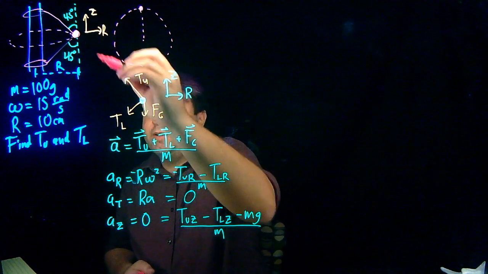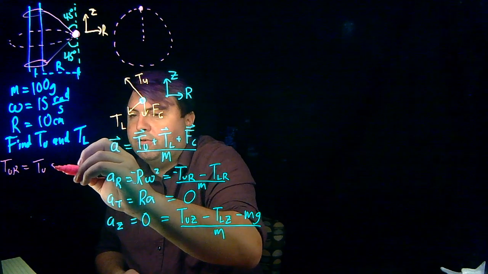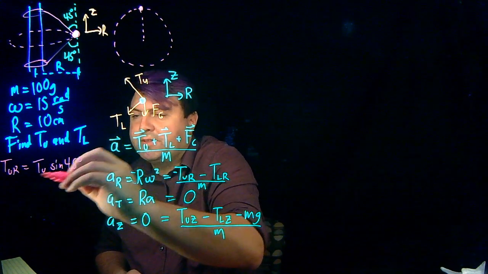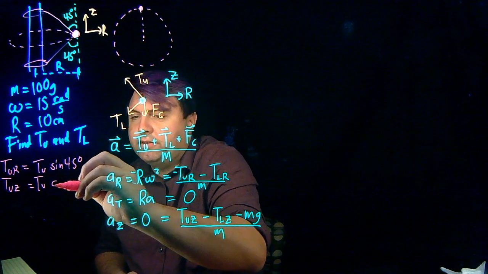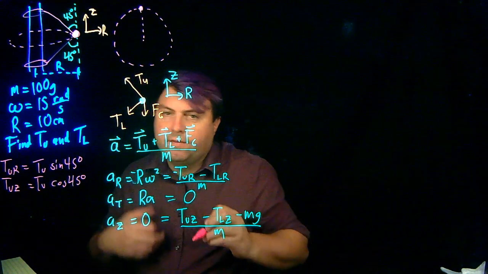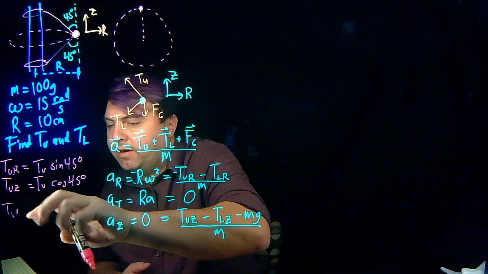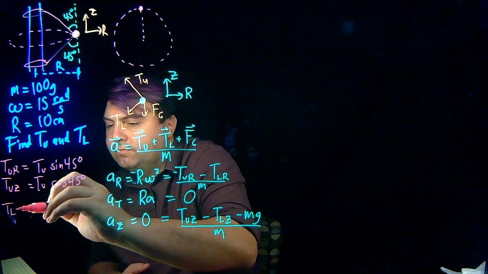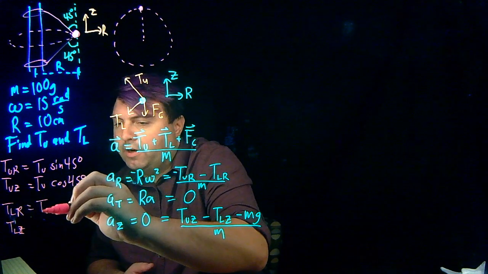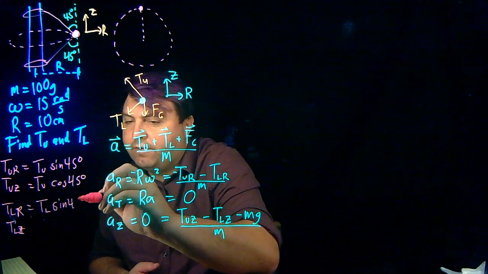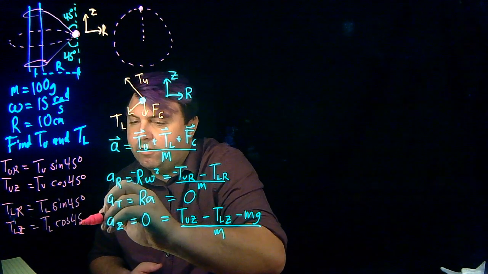So we've chosen some easy examples in this case. When we do a little bit of math, we get that TUR is equal to TU times sine of 45 degrees. TUZ is TU cosine of 45 degrees. And TLR and TLZ are going to be the same: TL sine of 45, TL cosine of 45 degrees.